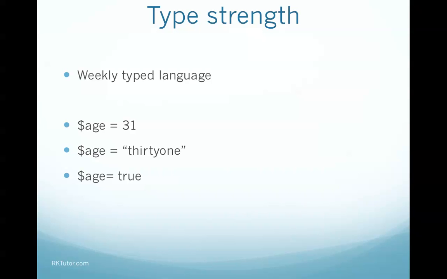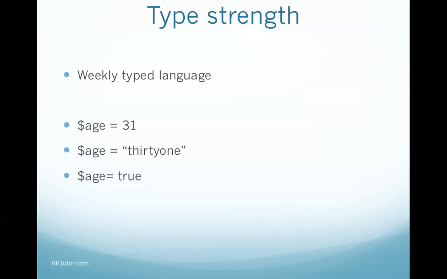Before we go into what exactly a weakly typed language is, we can say there are two types of programming languages: strongly typed and weakly typed. In a weakly typed language, the variable can hold any value, whatever it is assigned.